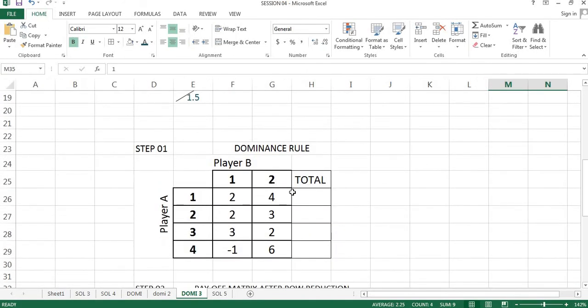This is the second problem, dominance rule. If we solve it, we don't get the saddle point. So directly I'm moving on to the dominance rule, because the intention of solving this problem is to know the solution by dominance rule. So taking the total of the rows is the first step.